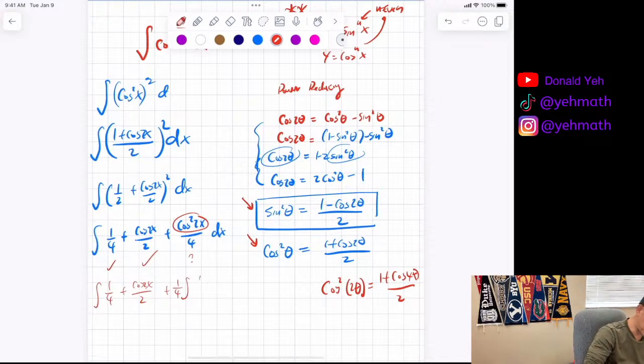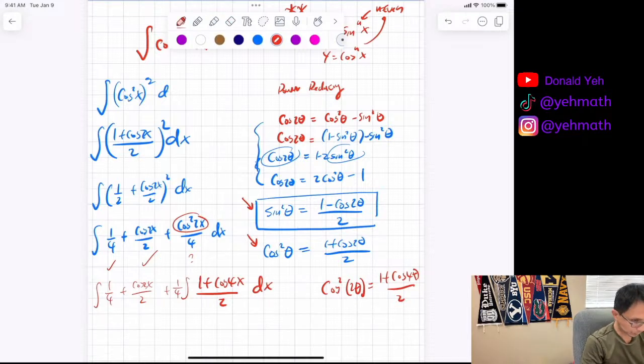So that is going to be 1 plus cosine of 4x over 2. You just replace this with 2 theta, so theta becomes 4 theta. Do you see what I'm saying?